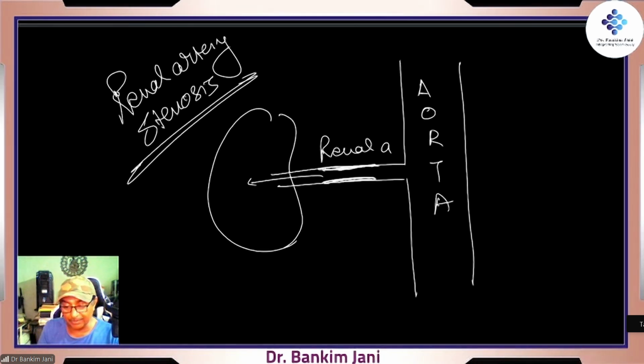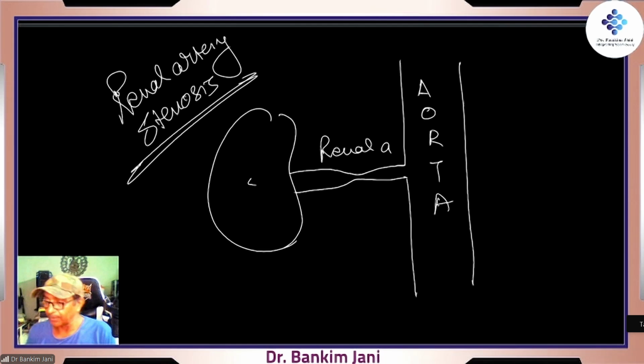When the blood is going through a normal tube, the blood flows well. But when it is stenosed, it looks something like this. The whole artery is not narrow; it is narrowed at one point. This is typical renal artery stenosis.